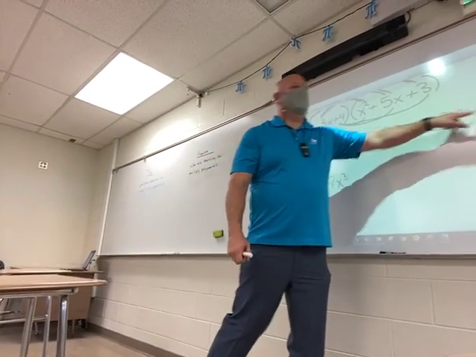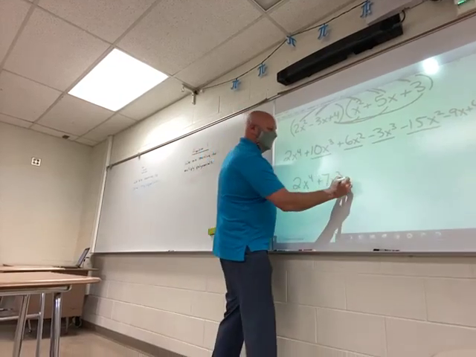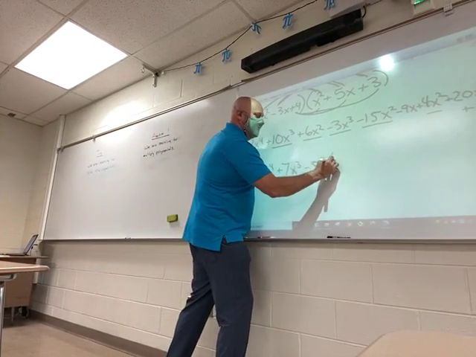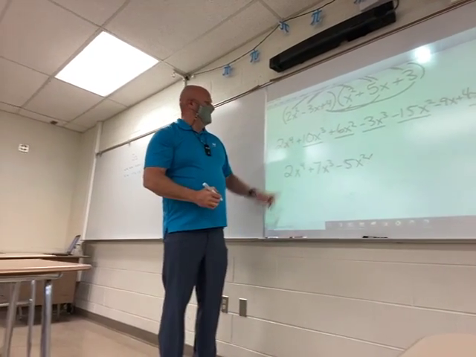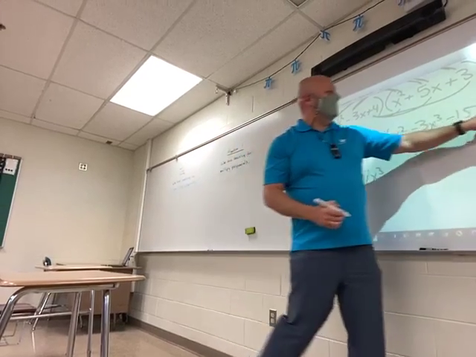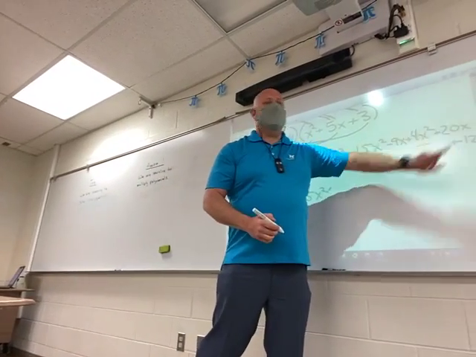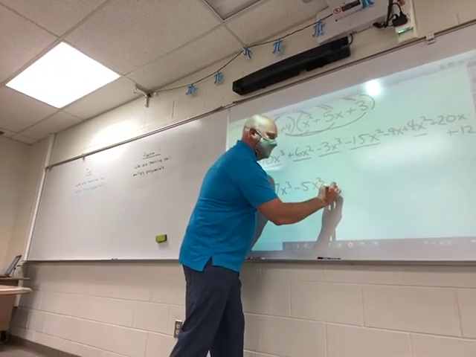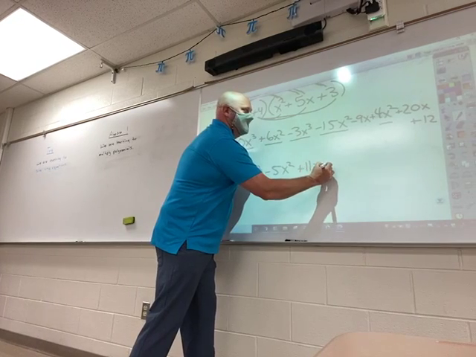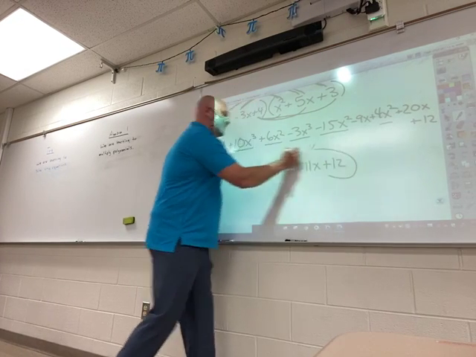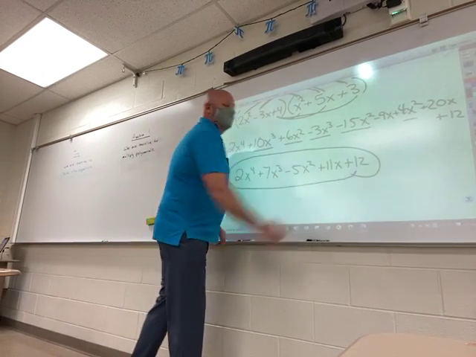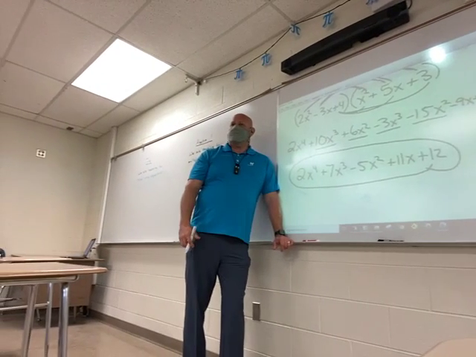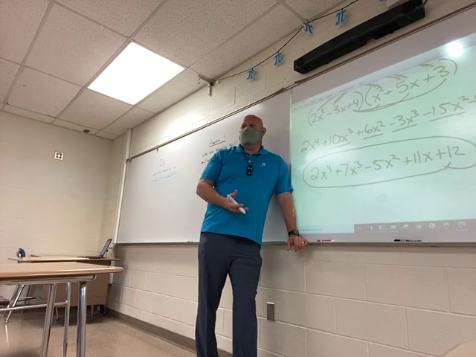Let's see, those make 10. 10 minus 15 would be negative 5x squareds. And then we've got a negative 9 and a positive 20, makes 11 x's, and then just the plus 12. So that's what your final answer would be. But you can see where some of these can get really, really long.